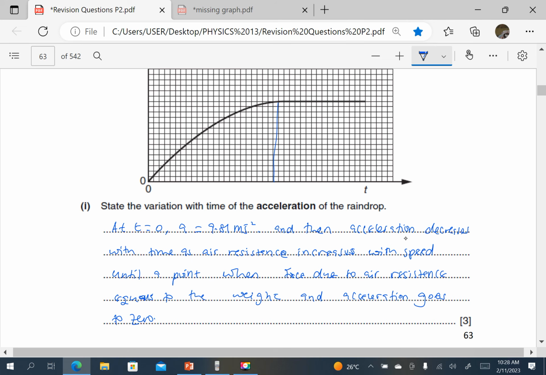So when the air resistance equals the weight, then the acceleration goes to 0.